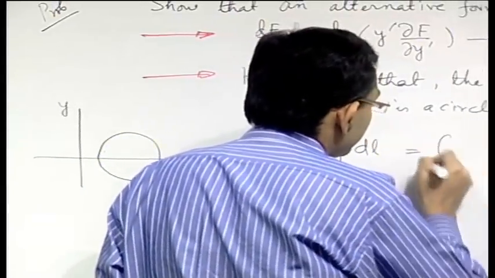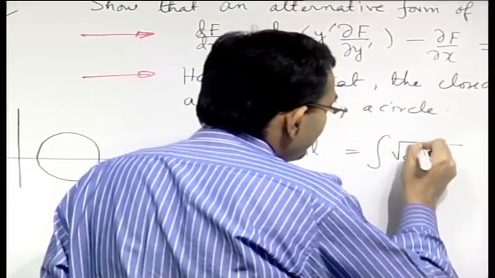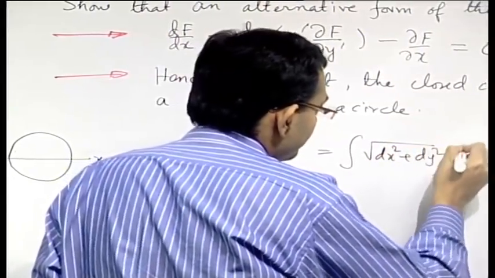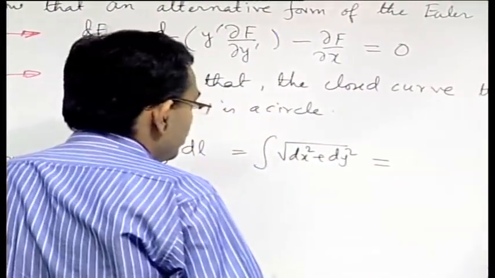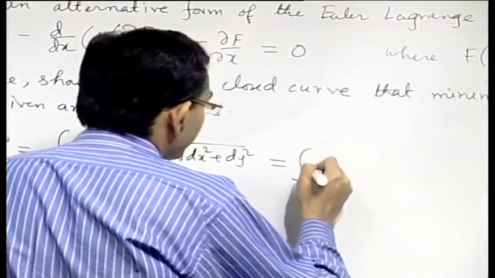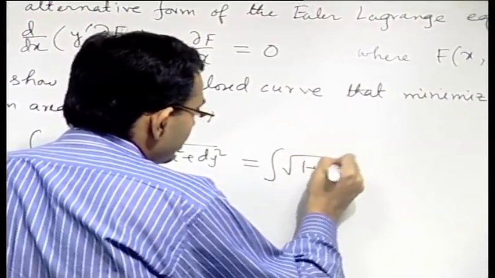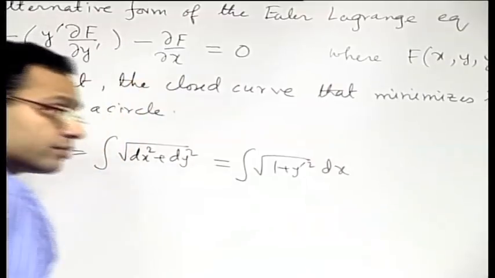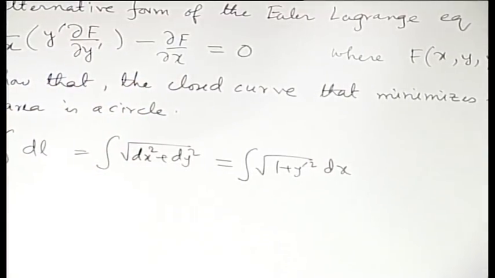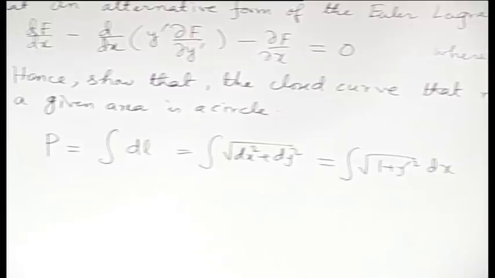So, square root of dx square plus dy square. So, root over 1 plus y dash square dx. So, you have to minimize this with a constraint.